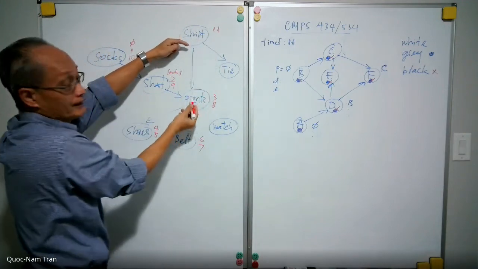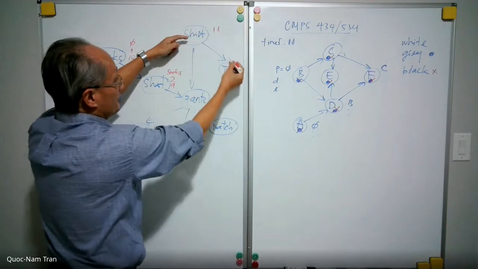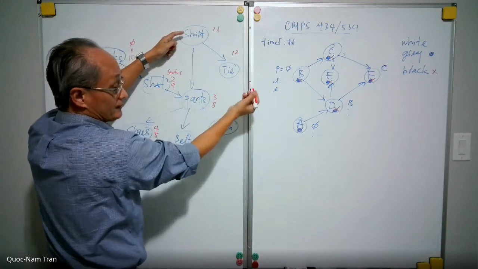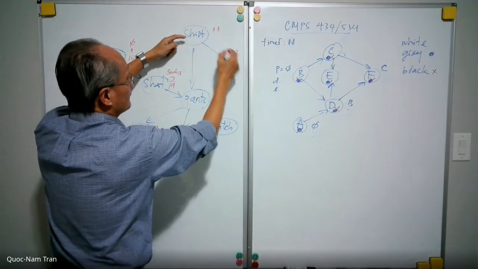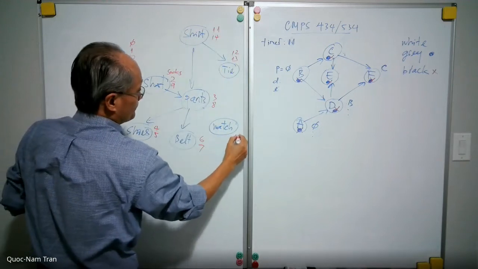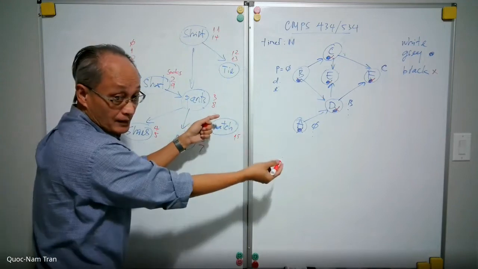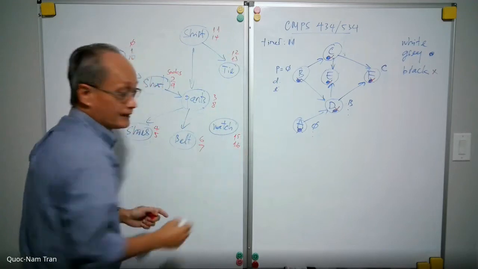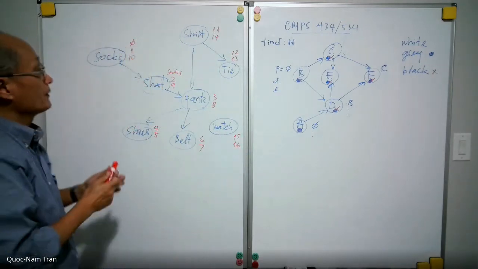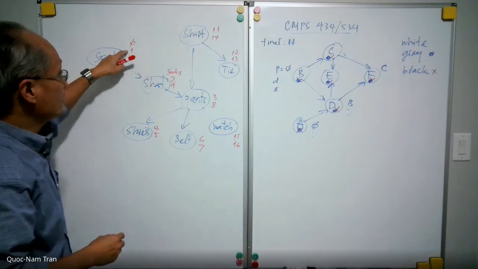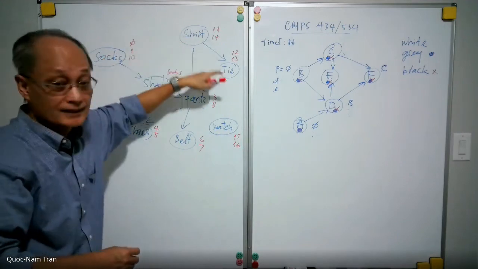Here we already discovered. So from here we have 12. No more white adjacent, 13, 14. And now here we have 15, no adjacent node, which is 1. So we have 16 here. Okay. So that's it. We have here the discovery time and finishing time, right?